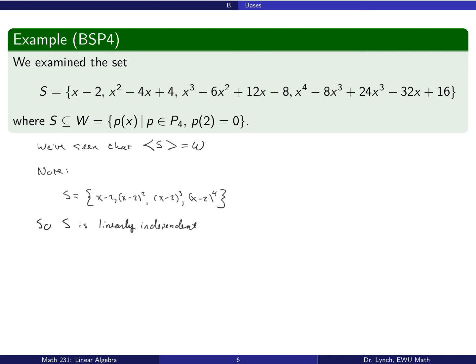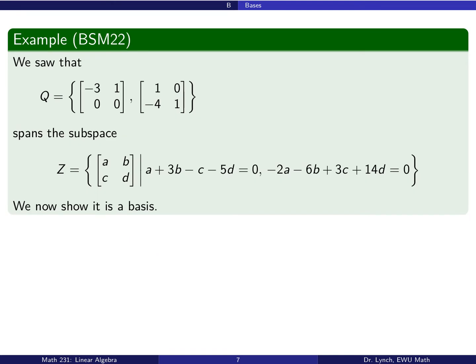So we see therefore that S is a basis for this set of polynomials such that polynomial evaluation at x equals 2 gives you back 0. This is a pretty cool relationship and a pretty quick and easy way to cook up a basis if you want to ensure that one value in particular is equal to 0.